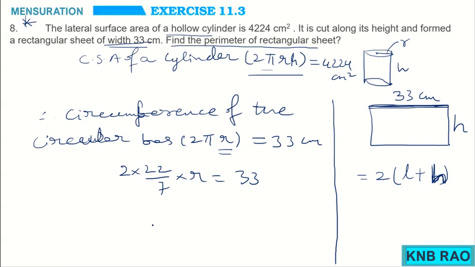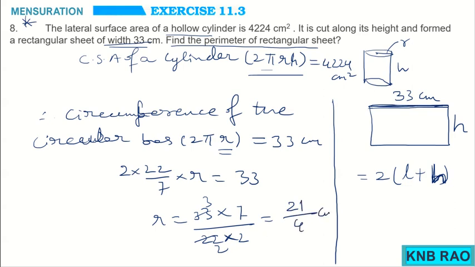So r is equal to 33 into 7 by 2 into 22, where the terms get transposed and come as divisors. 11 2s are 22, 11 3s are 33. It is implied as 7 3s, 21 by 2 2s are 4 centimeter is the radius.